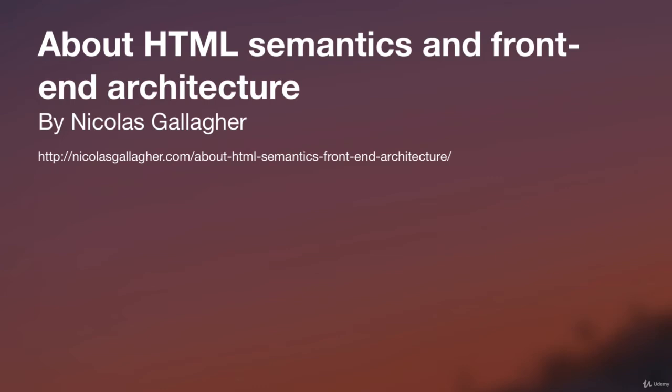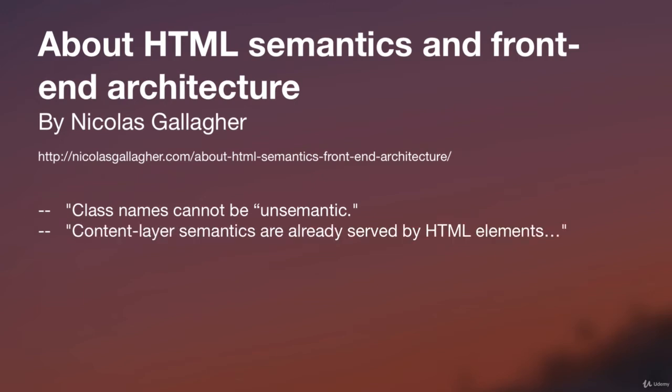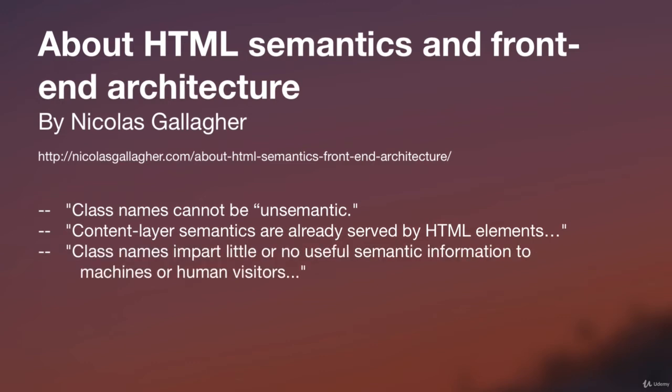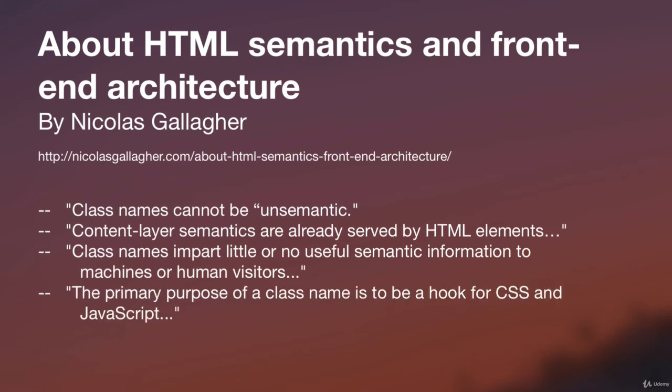So Nicholas says that class names cannot be unsemantic. Nicholas says that content layer semantics are already served by HTML elements. Class names impart little or no useful semantic information to machines or human visitors. The primary purpose of a class name is to be a hook for CSS and JavaScript.